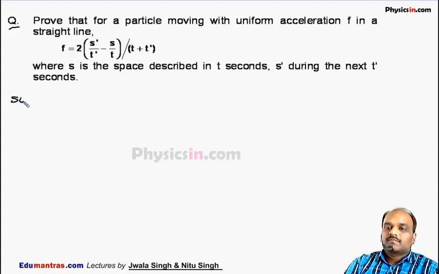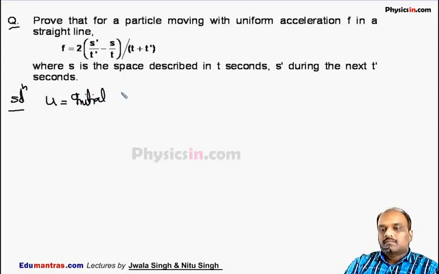So we know the initial speed, let it be u. u is the initial speed of the particle.